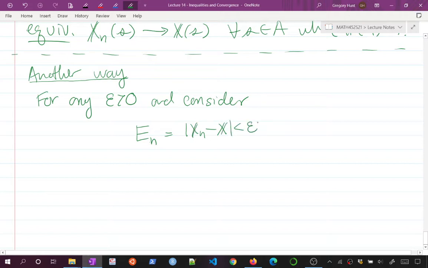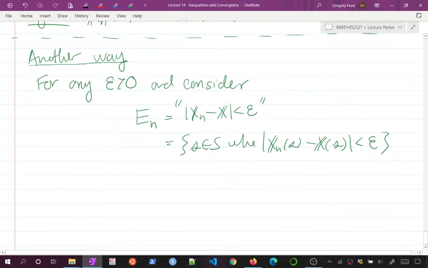So epsilon is just some small number. More formally, this is all s in my sample space where the absolute value of xn of s minus x of s is less than epsilon.